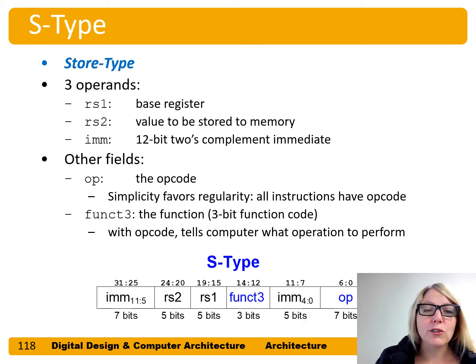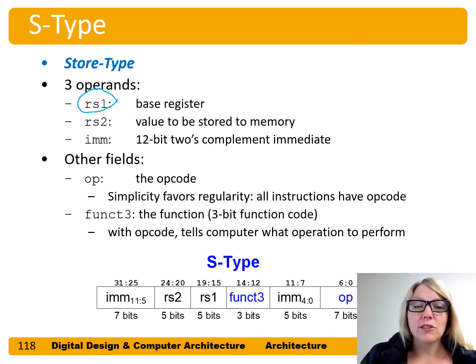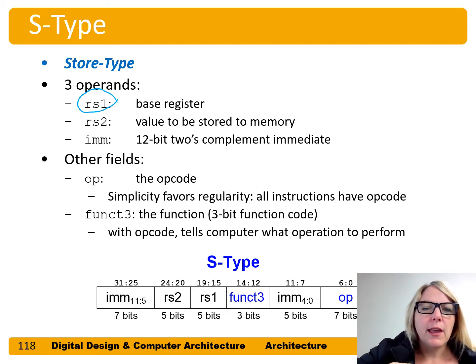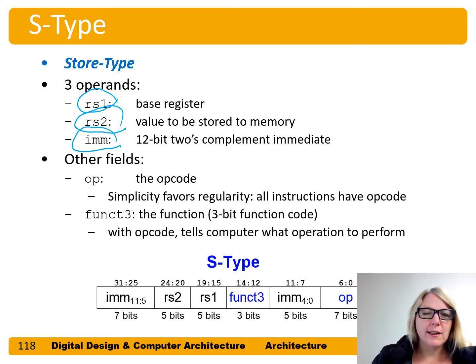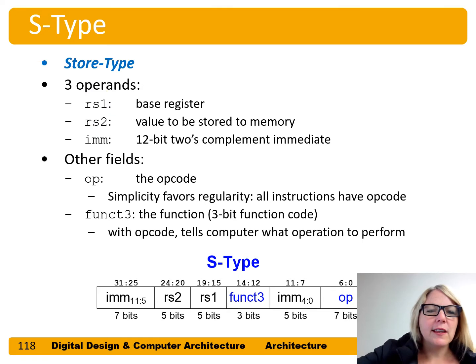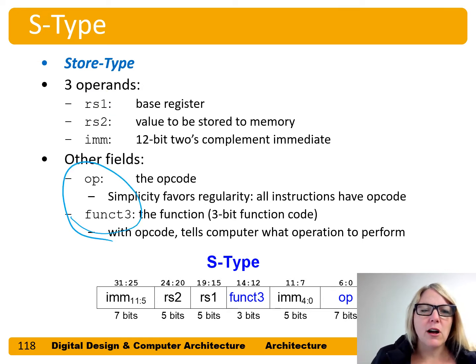The S type instruction, or store type instruction, has 3 operands, and you can guess this is used for store instructions like store word, store half, and store byte. We have a base register, that's our RS1 field. That was the base register for our load word instruction too. Then RS2 is a second source, the value that's going to be stored to memory. And we have our immediate field that is a 12-bit two's complement or signed immediate. Just like the other instructions, we have an opcode and a funct3 field as well.